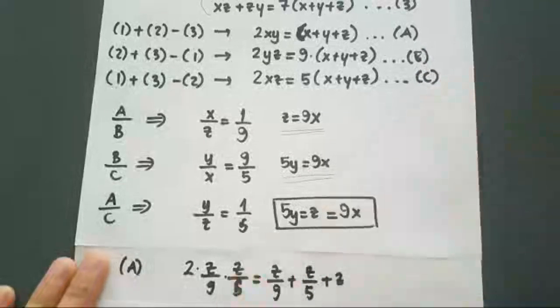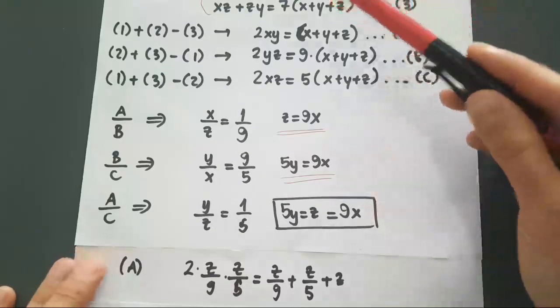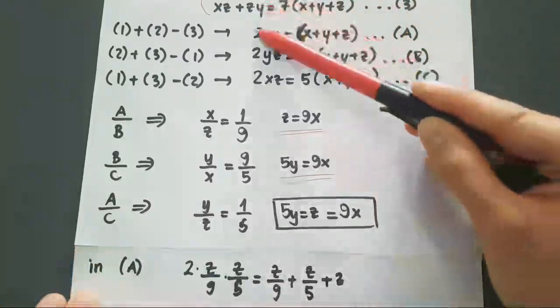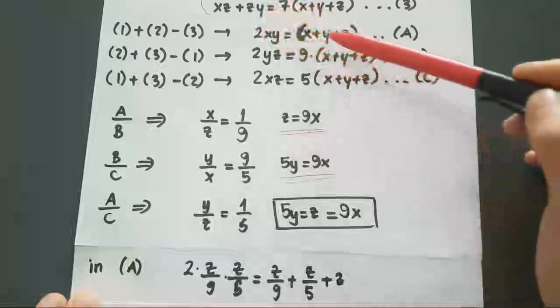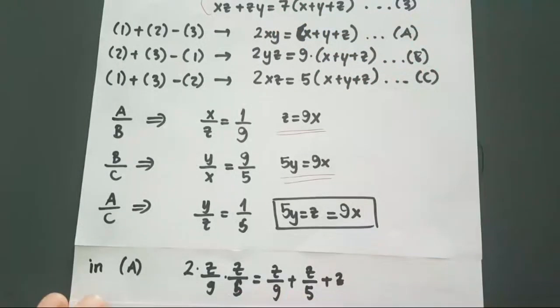Okay. Remember A is 2 times x times y is equal to x plus y plus z. It looks the simplest one, so I chose A.